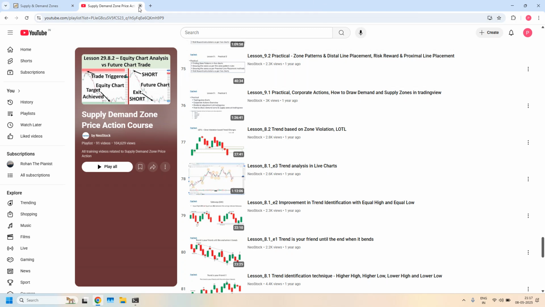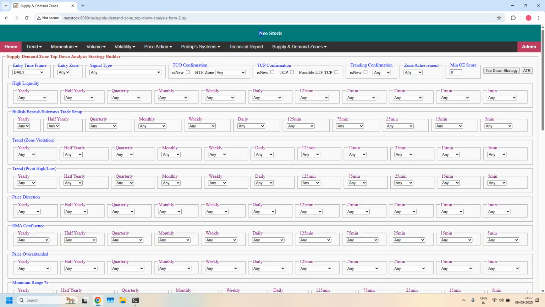Now let's get into the report generation with the help of NeoStock Software Supply Demand Zone Top-Down Analysis Strategy Builder. First, I'm going to generate daily and 75 minutes high liquidity zones, and then I will generate NIFTY and BANKNIFTY supply demand zone chain, and then I will generate sideways, bullish and bearish trade setups for monthly, weekly, daily and hourly income trades.